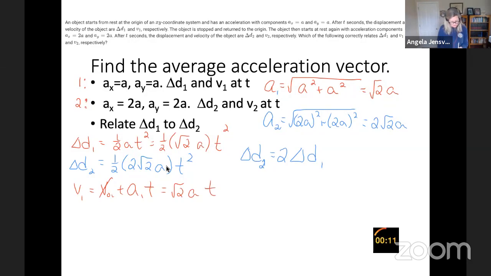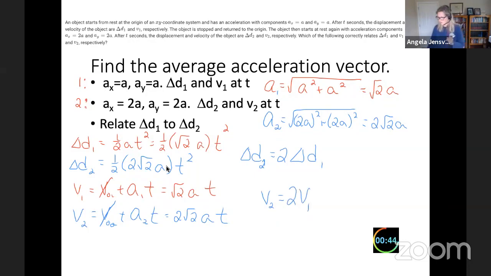And now let's do it for v2. v2 is v02 plus a2 t. But v02, it started at rest at the origin, so it's 0. So you get 2 square root of 2 a t. Now, once again, if you take v2 over v1, we get 2. So that means that v2 is equal to 2 v1. Okay, great.